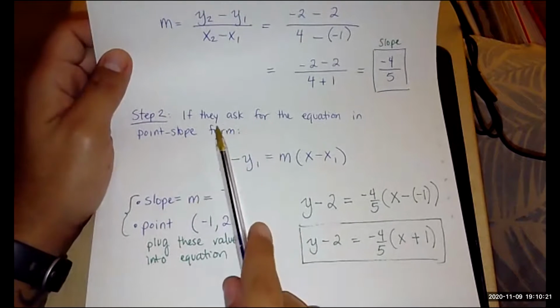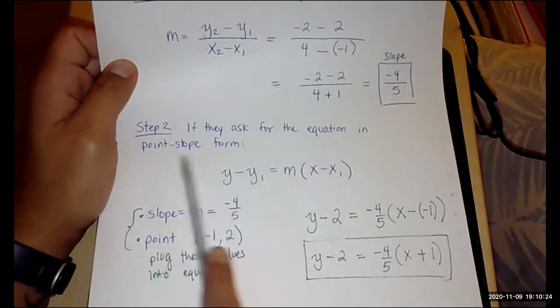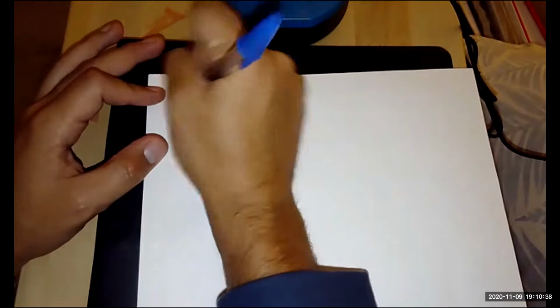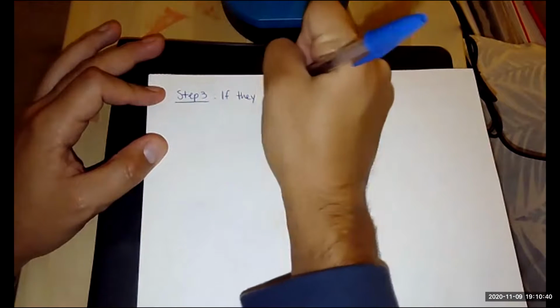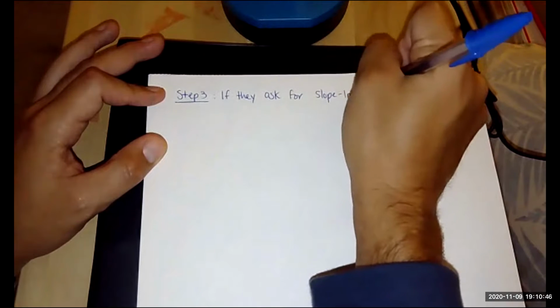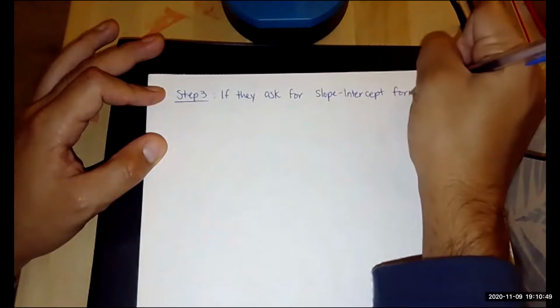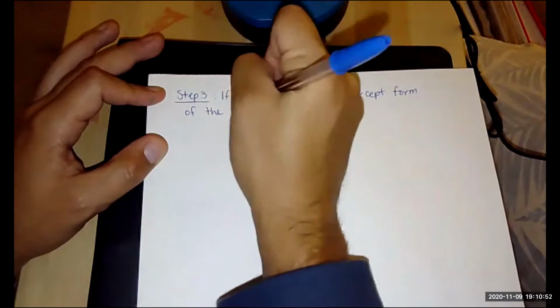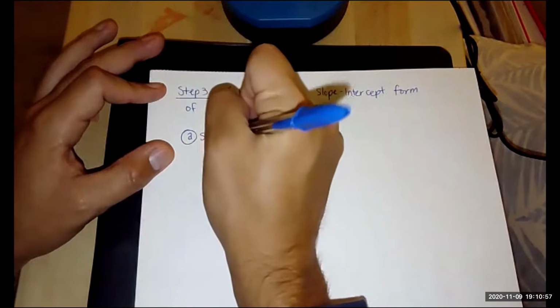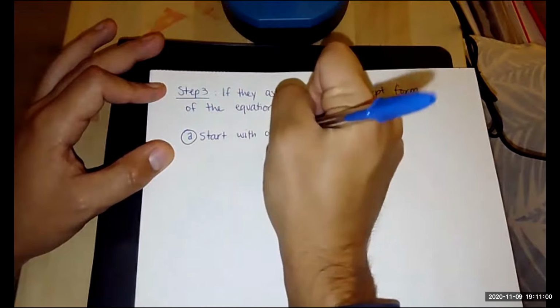Okay, so there's a third step, possibly. Now that is if they don't ask you for the point slope form and they ask you for the slope intercept form. So step 3. If they ask for slope intercept form of the equation, then we're going to start with our point slope form.